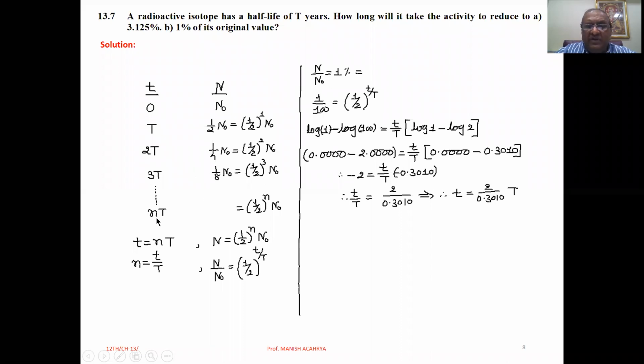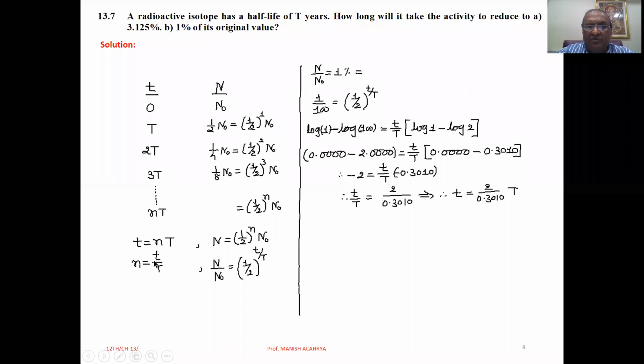So in this way, after total time t equal to nT, you can write number of undecayed nuclei as half raised to n into n0.